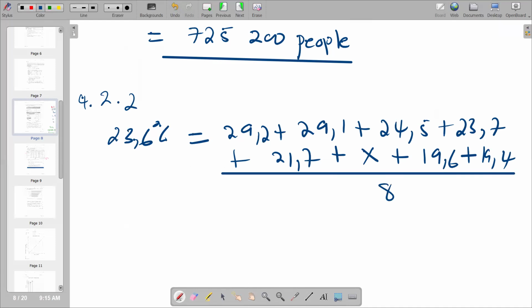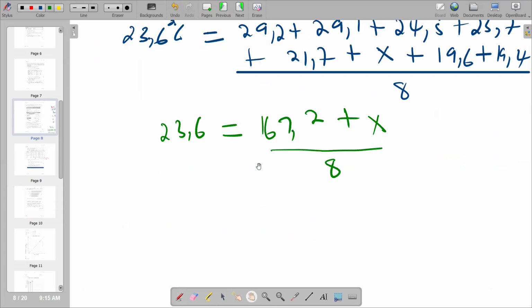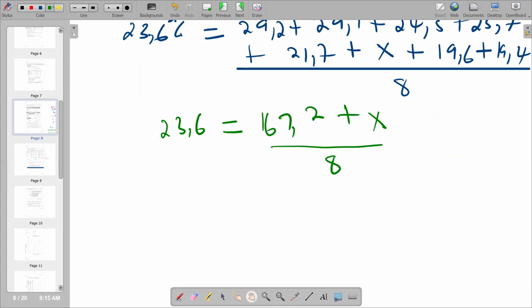And from there, we can now say 23.6 equal to, and if you add on the numerator, you're going to get it as 167.2. And then we add your X over 8. Then from there, you can multiply by 8 both sides, whereby you say 8 times 23.6.